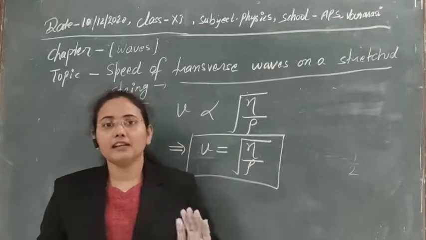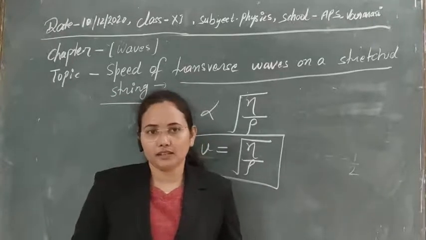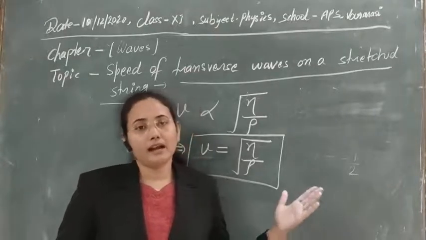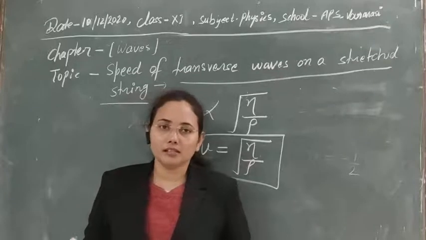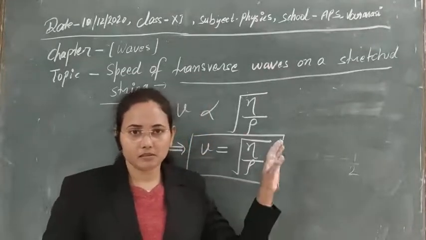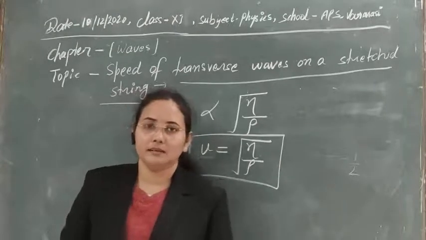First of all, practically we have seen which factors the speed of the transverse wave depends on. We saw that it depends only on two factors, and after that we tried to solve it with the help of dimensional analysis. In this way we can establish this formula easily.